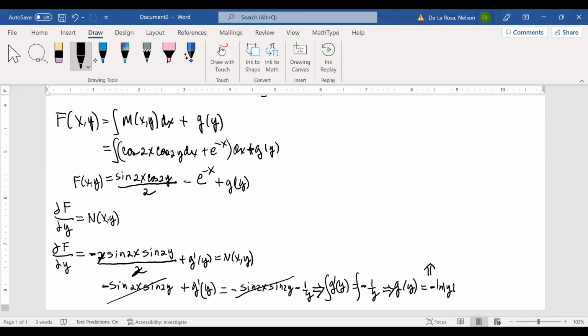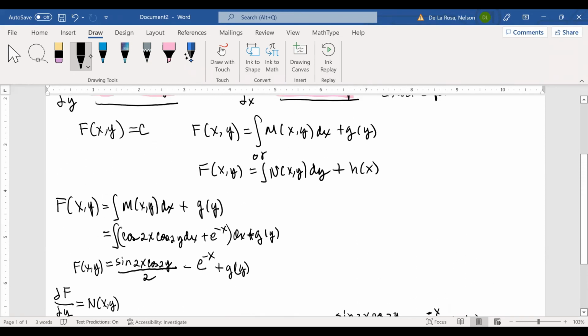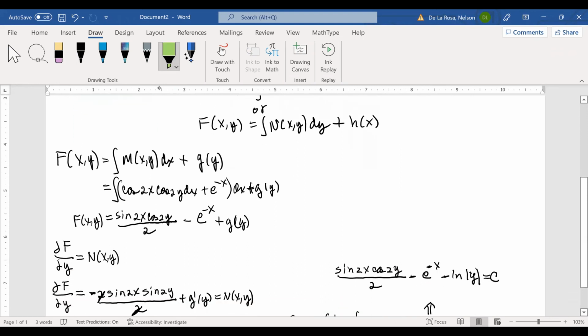It's going to be sine of 2x cosine of 2y divided by 2 minus e to negative x plus g of y, and g of y happens to be negative ln of absolute value of y, equals C. Okay, remember the solution is of this form, the one in green. So the solution is like this.